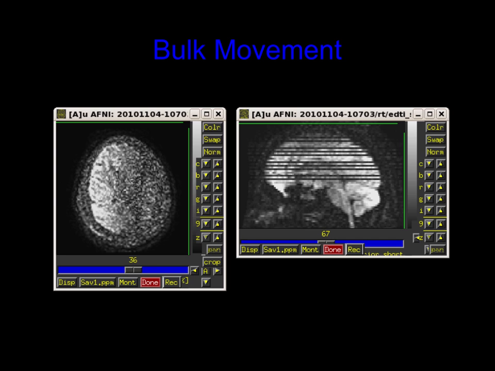And then another example, probably one of the most common things seen, is bulk movement. If there's a subject in there who is really moving their head, then if you have a rotation when the diffusion gradients are on, that causes a shift in k-space. And if the shift is big enough, the energy gets outside your acquisition window, and we start to get slices of just noise.